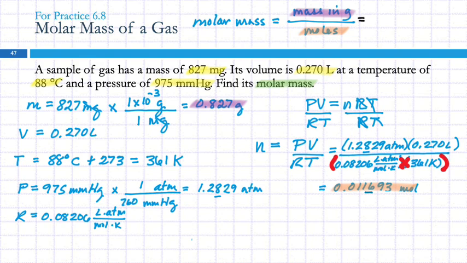The mass was 0.827 grams divided by 0.01169 moles. So 0.827 divided by the number of moles, and rounding this to 3 significant figures, I'm going to get 70.7.